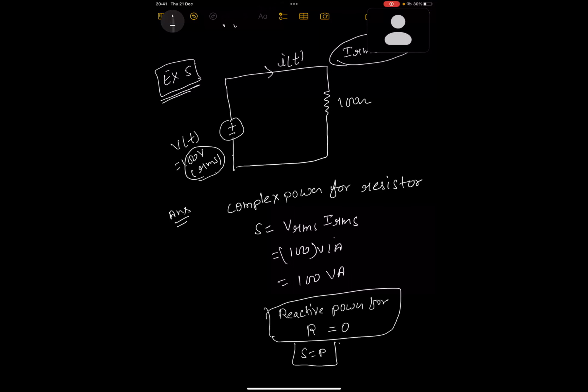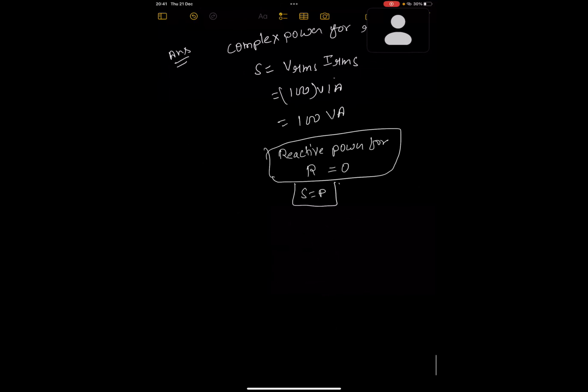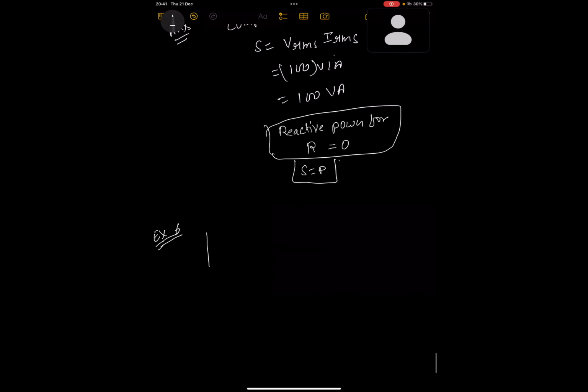Now we go for the inductive load. Here you can explain one thing, that is example number 6. I'm going to explain to you what is active, reactive and load. Okay, voltage source V, here is resistance, here is inductor.